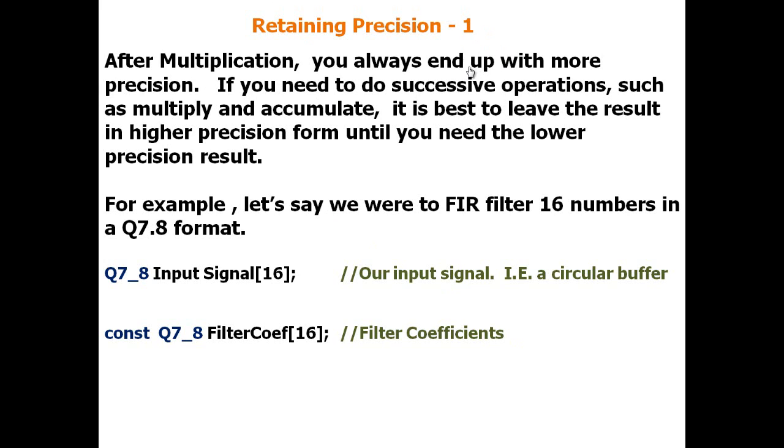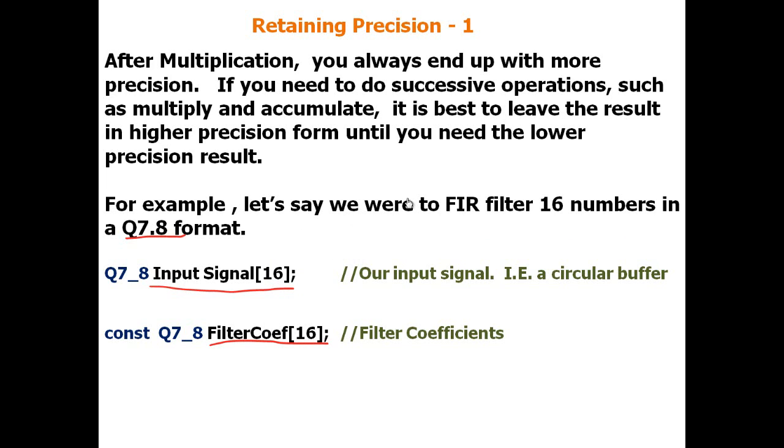This definitely wouldn't be a real-time implementation, but it's enough pseudocode so you can understand it. So here's the example. I'm going to have a Q7.8 format for an input signal. And I'm assuming this is some circular buffer and some other code's handling this. And all FIR filters need filter coefficients. So I have a Q7.8 for filter coefficients. Now, it turns out in FIR, this is actually a poor choice to do 7.8, but I'm going to do it just because we've been looking at this the whole time in the videos.